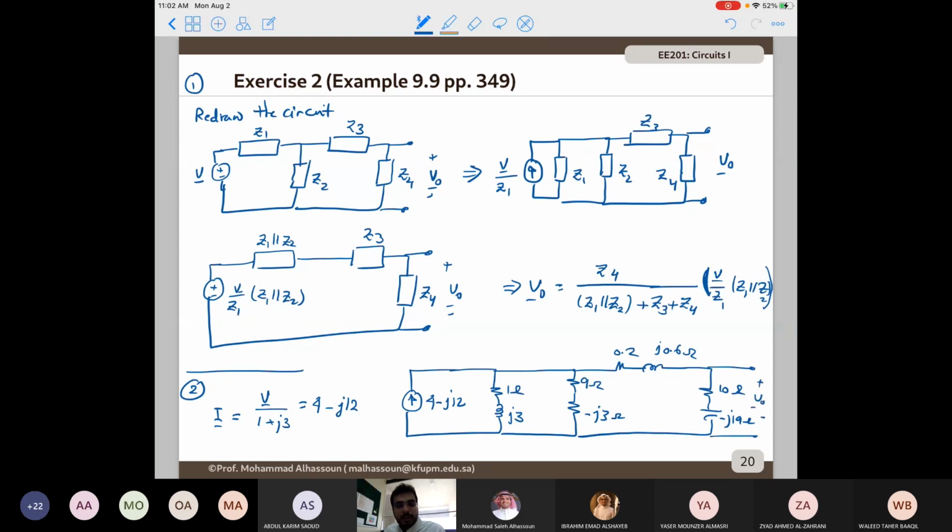So now we can do the same. What we can do now is combine these in parallel. We'll end up with the following circuit.